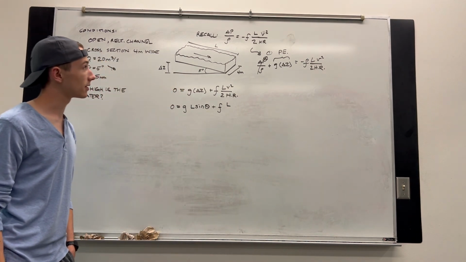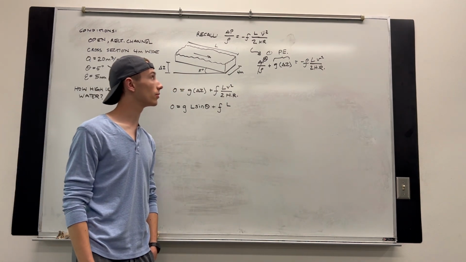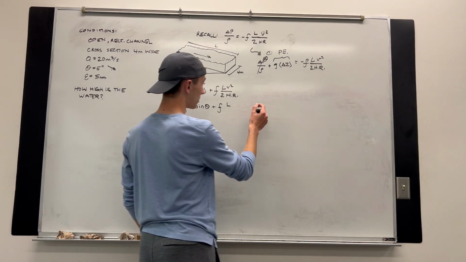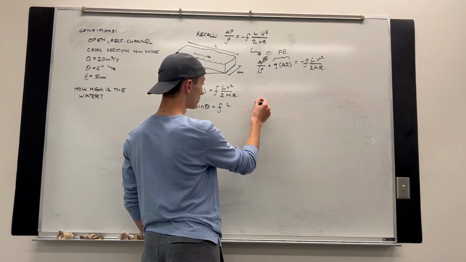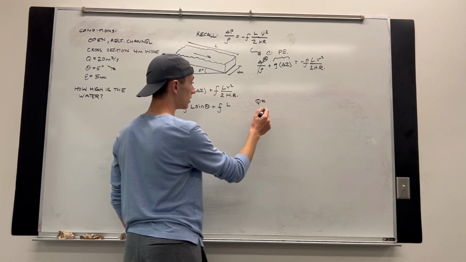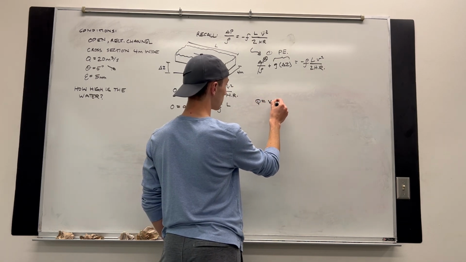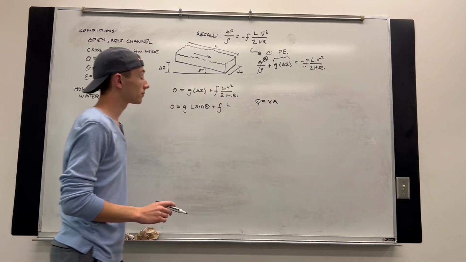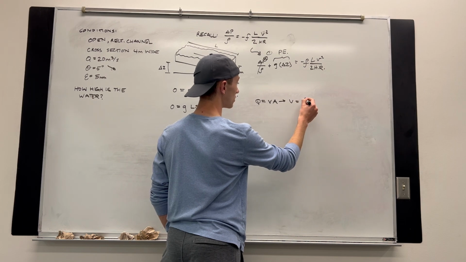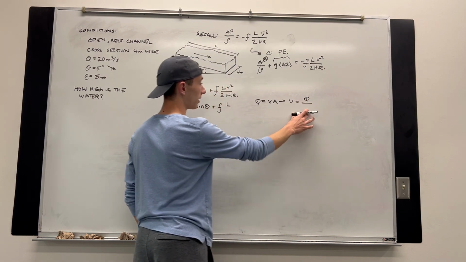Velocity. What is the velocity? Well, the velocity can be calculated through the flow rate, right? We know that the flow is equal to the velocity times the area. Therefore, the velocity is equal to the flow over the area.